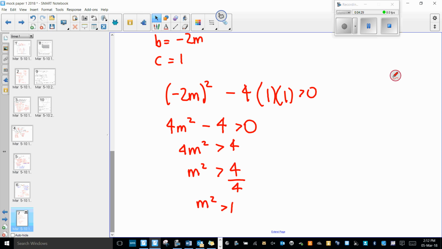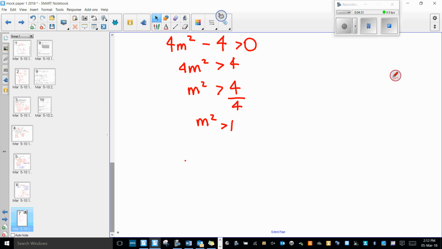Okay, so we know that m squared has to be greater than 1. So remember, this is where you've got to be careful when square rooting, because it's an inequality. Your two basic options are either that m is between -1 and 1, or m is less than -1 or m is greater than 1.